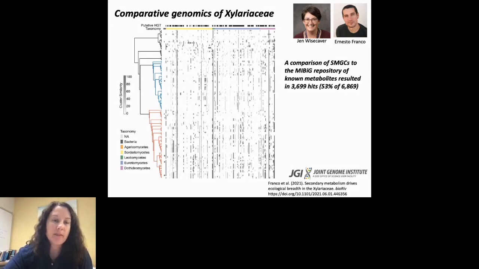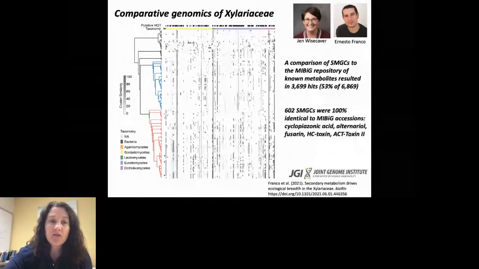Here I should mention that the color coding of each column at the top is the taxonomy of the best hit. For example, hits for our Xylariaceae and Hypoxylaceae are hitting to Sordariomycetes, Leotiomycetes, a lot of Eurotiomycetes, and some Dothideomycetes, as well as just one or two bacterial secondary metabolite gene clusters.